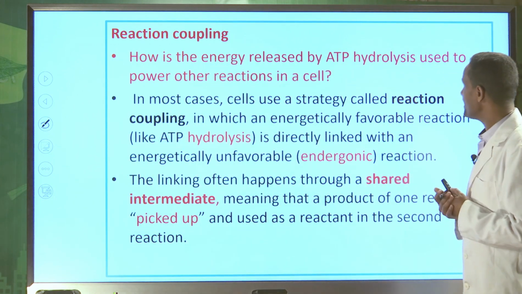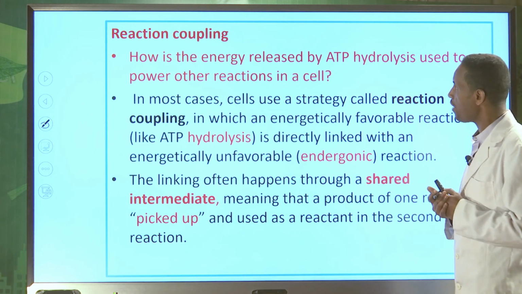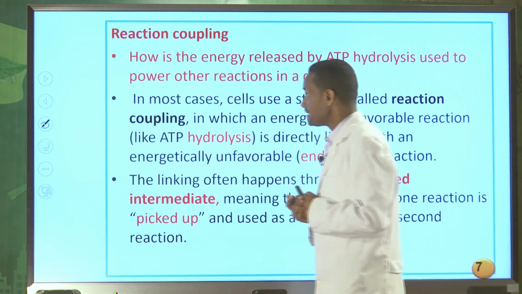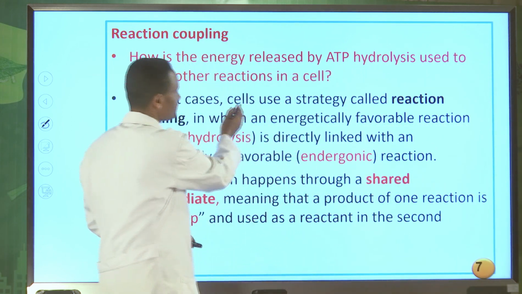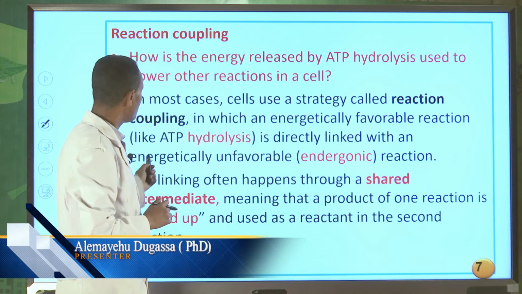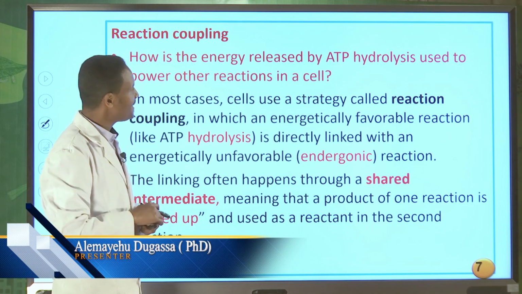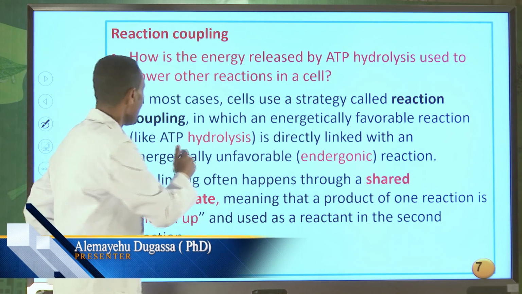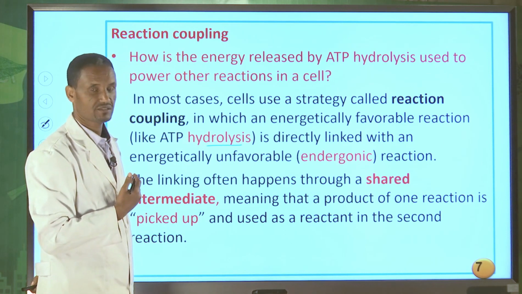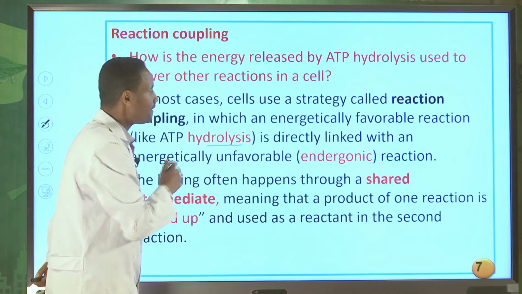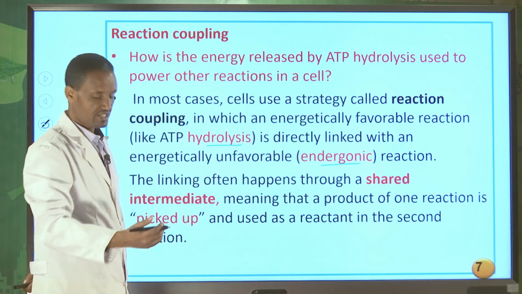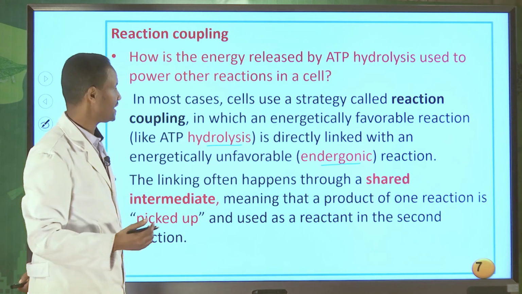Reaction coupling. How is energy released by ATP hydrolysis used to power a reaction in a cell? In most cases, cells use a strategy called reaction coupling, in which an energetically favorable reaction like ATP hydrolysis is directly linked with an energetically unfavorable reaction, which is an endergonic process that needs energy for the reaction.